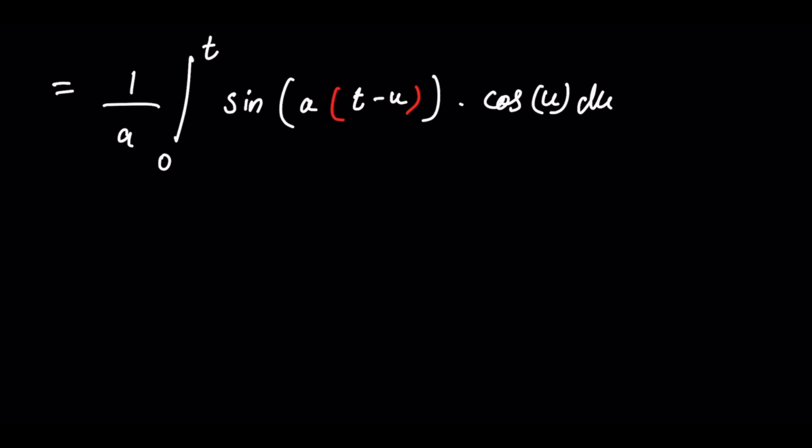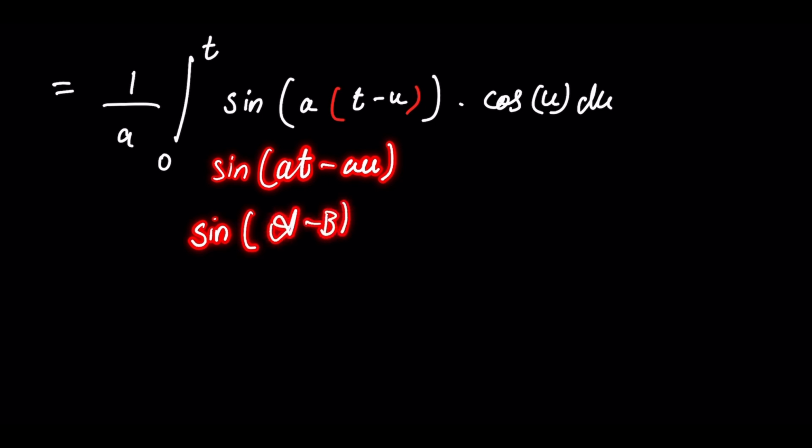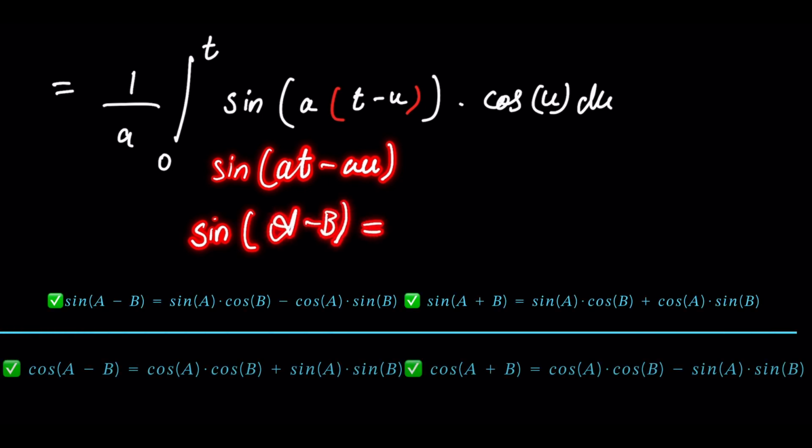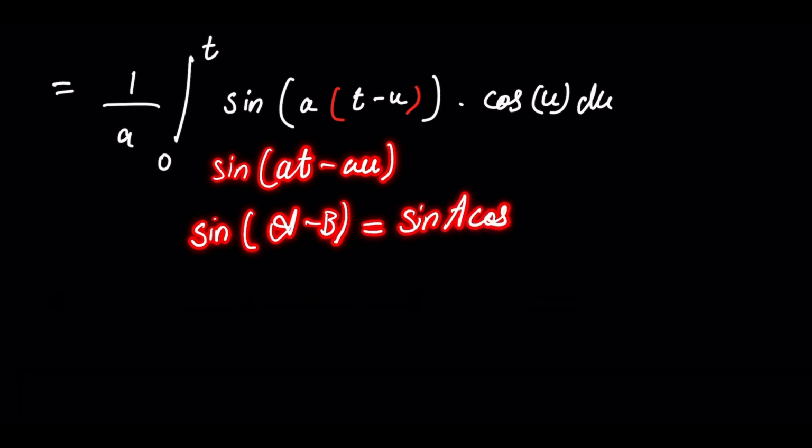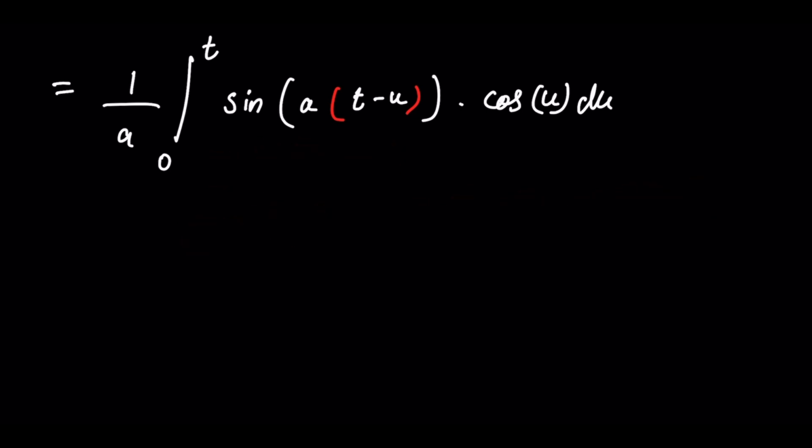Now we'll be opening the round bracket inside the sine function, so it becomes sine at minus au, which matches the form sine A minus B. And we know its trigonometric identity is equal to sine A cos B minus cos A sine B. So let's do that directly here.